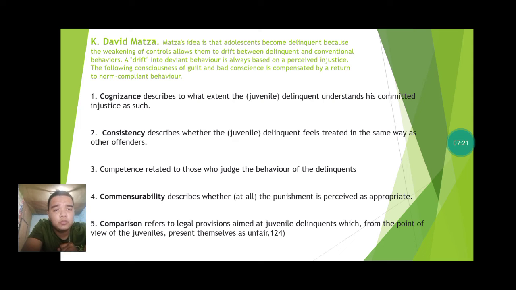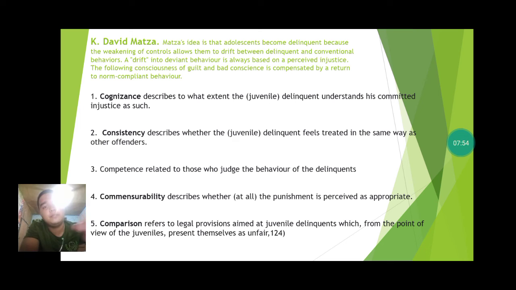So the first is cognizance. It describes to what extent the juvenile delinquent understands his committed injustice as such. And consistency describes whether the juvenile delinquent is treated in the same way as other offenders.